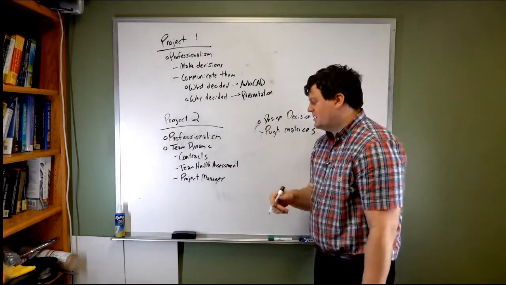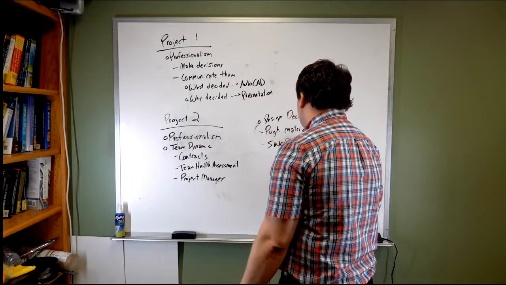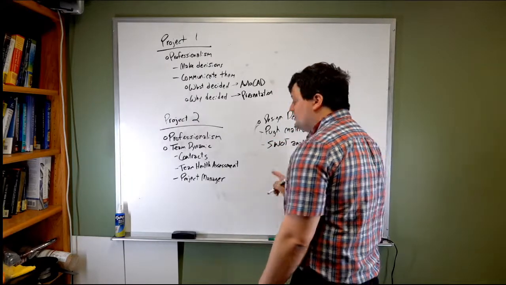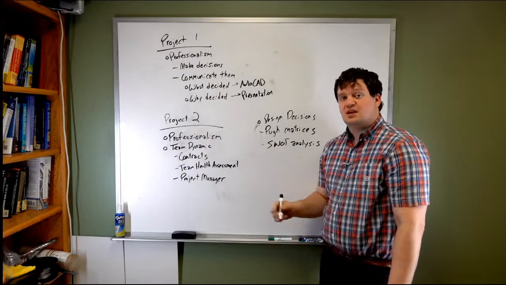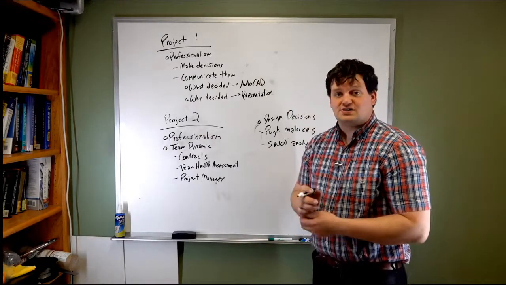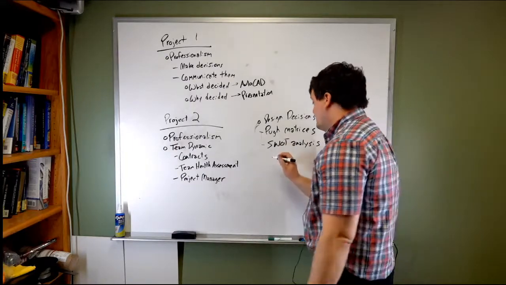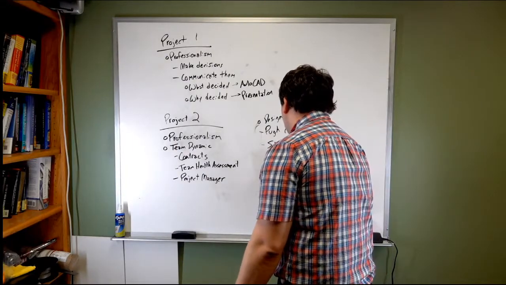We haven't talked about that yet. One of those aspects is the SWOT analysis. Okay, we have talked about this. You may need to go back and refresh your memory. This will be one of the expectations in Project 2. We're also going to talk about what we're going to talk about today, which is the house of quality.